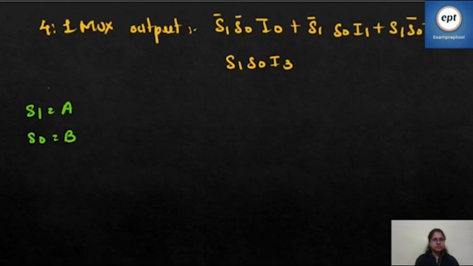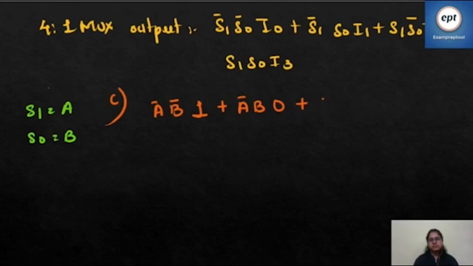So let's check for the option C. Now in the option C, let's put one by one. So it will be A bar, B bar, and now I0 will be 1, plus A bar, B, now I1 will be 0, plus A, B bar, I2 will be 0, plus A, B, and here I3 will be 1.